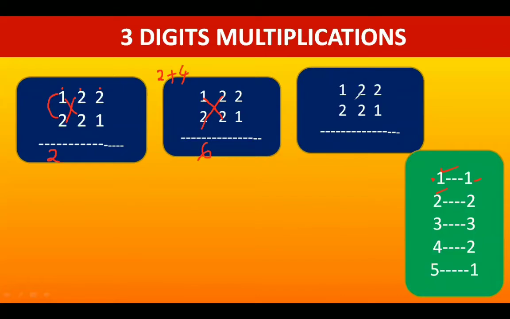First you cross multiply the last columns, like this. 1 1s are 1, 2 2s are 4. Now the middle one you multiply vertically. 2 2s are 4. That's 1 plus 4 plus 4, you got answer 9.